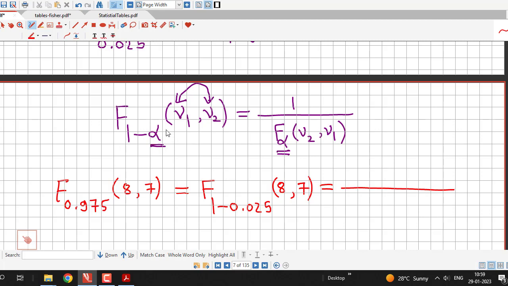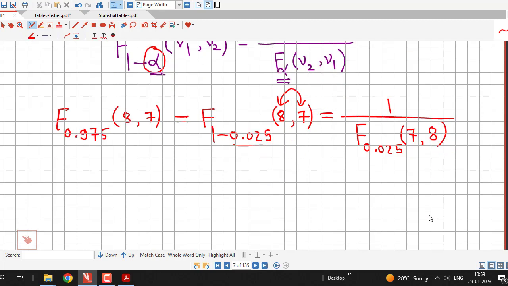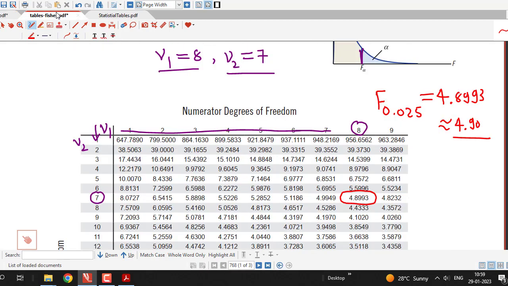So you can see here alpha is 0.025. So here I write F suffix 0.025, and I have to interchange these two integers. So here first I write 7 and then 8, and I have to look for nu1 equal to 7 and nu2 equal to 8 degrees of freedom in the F table. So let me remove this now.